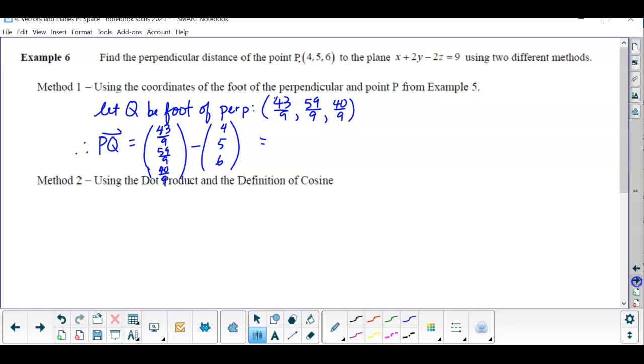That is going to be 7/9, and then 14/9, and then negative 14/9.